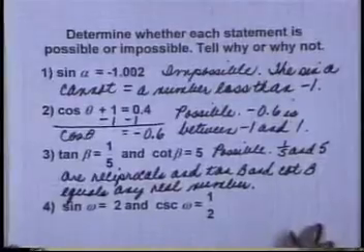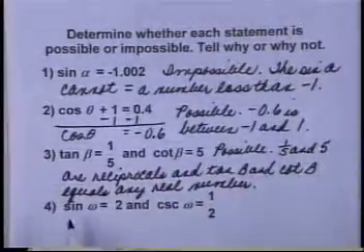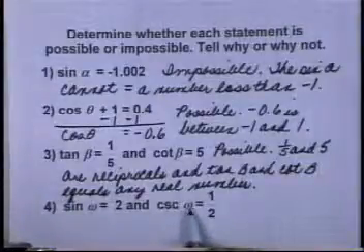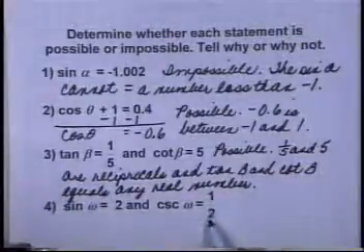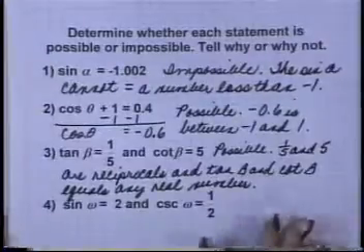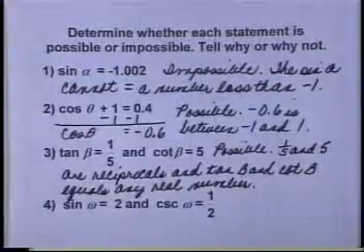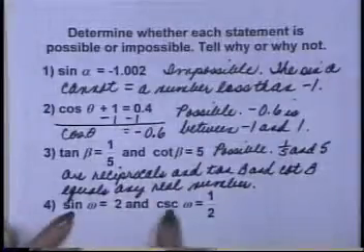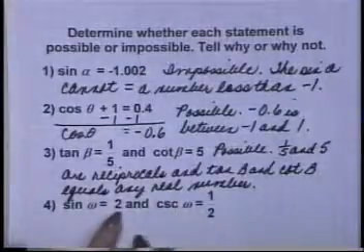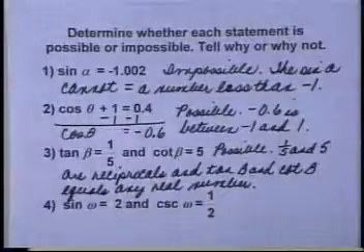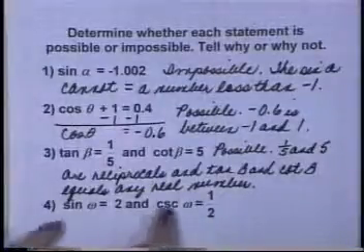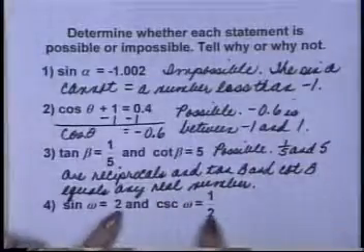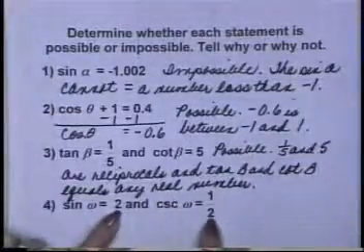Now let's look at this last problem. It says the sine of omega equals 2 and the cosecant of omega equals 1/2. Now notoriously I will put this type of problem on a test and my students will say, oh, sine, cosecant, they're reciprocals. Oh, 2 and 1/2, they're reciprocals. Possible. Well, yes, the sine of omega and the cosecant of omega have to be reciprocals, and these are reciprocals.